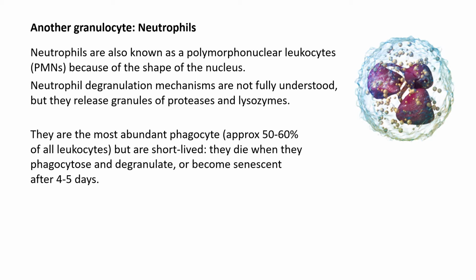In the terms of neutrophils, they often die when they phagocytose or die when they degranulate. If neither of those happen, they will only survive 4 to 5 days anyway, and after then they become senescent. If they become senescent, they go into apoptosis and die. So they're very short-lived. They don't make good antigen-presenting cells because they are short-lived, and because when they phagocytose, they tend to die.